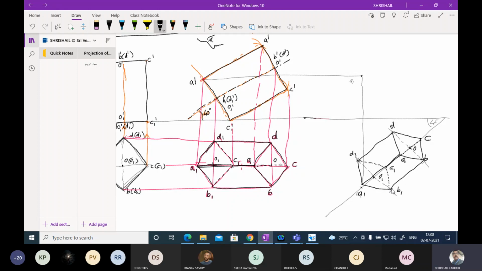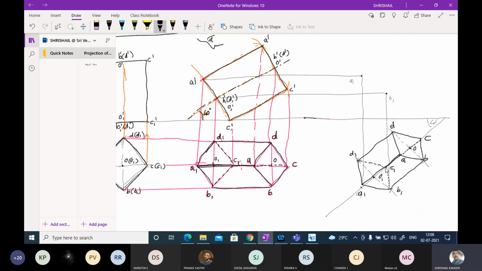And similarly B, a thin line, and B. This will be point B.